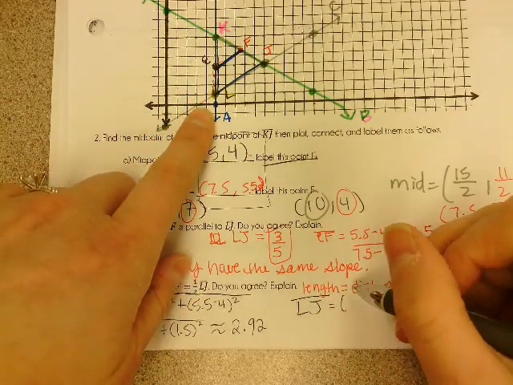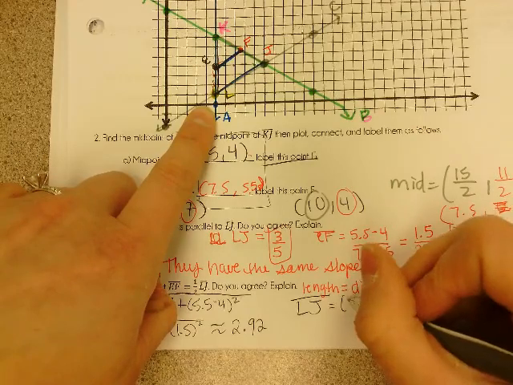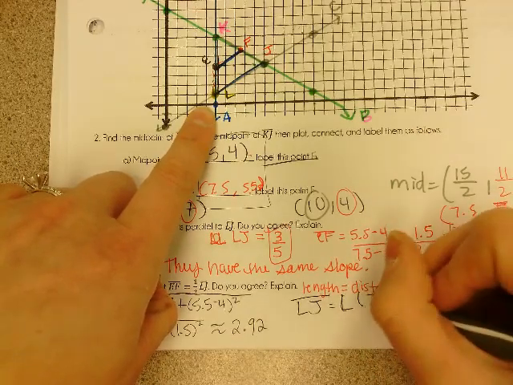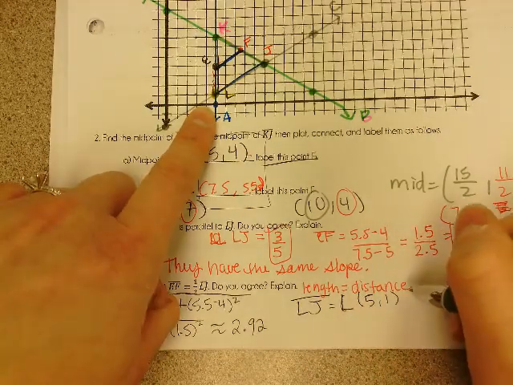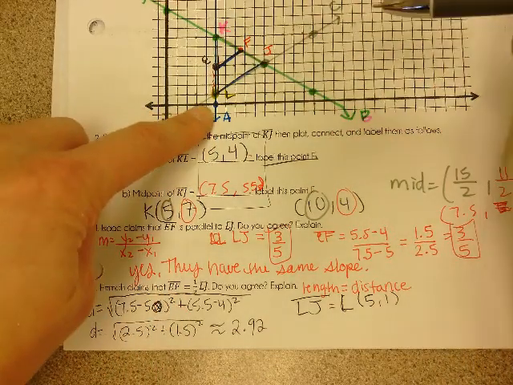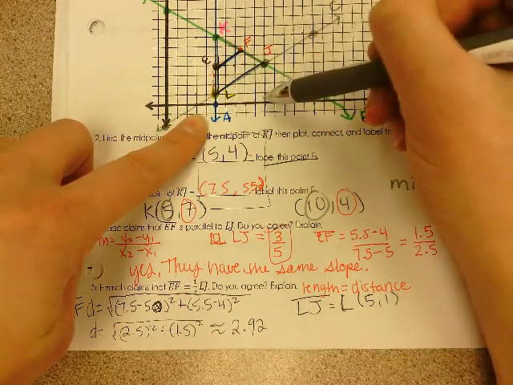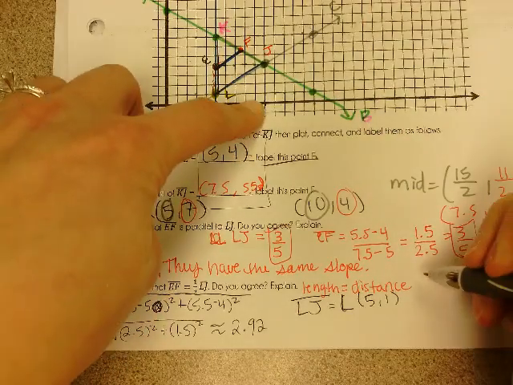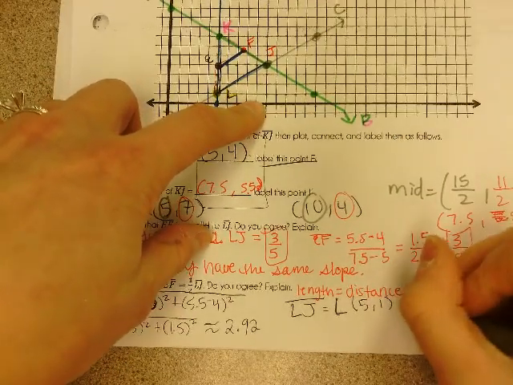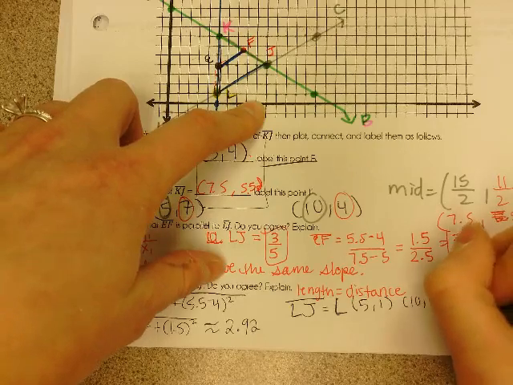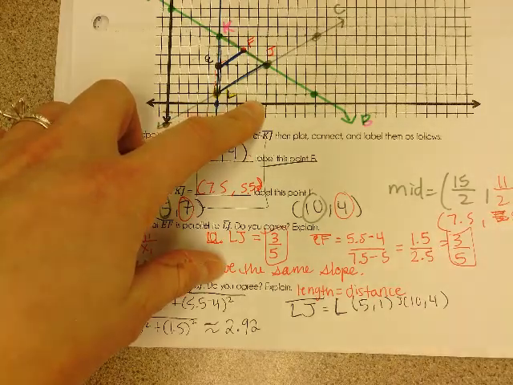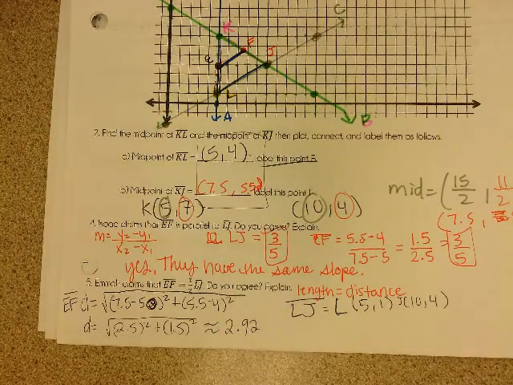L is 5, 1. J is, what did we say J was? We didn't, so 6, 7, 8, 9, 10. Oh, we did. 10, 4. Okay, do the distance formula with that.